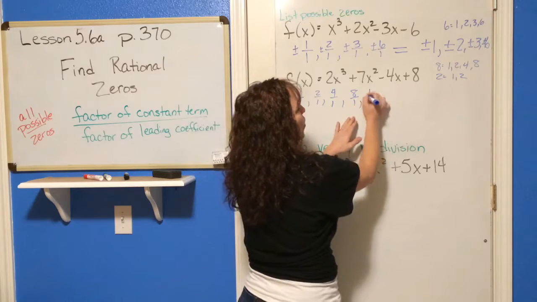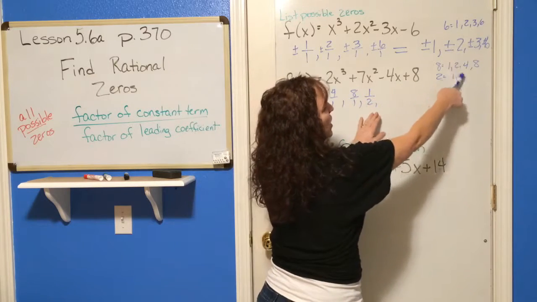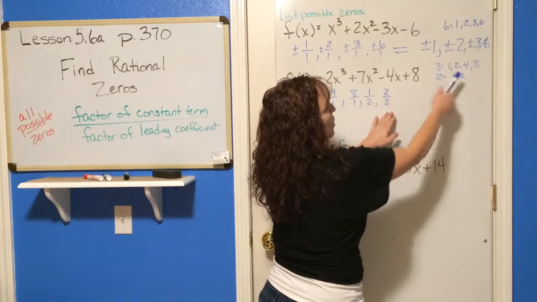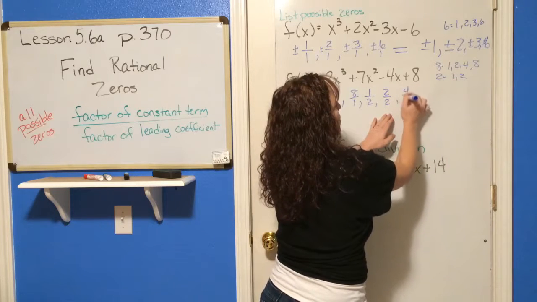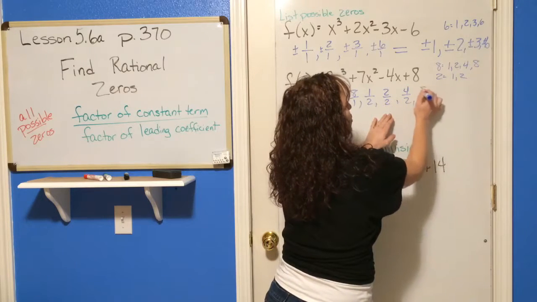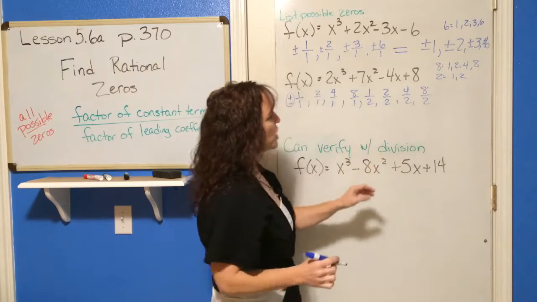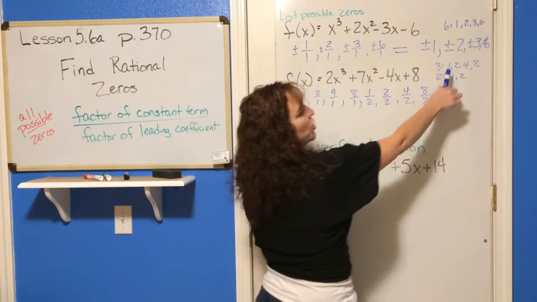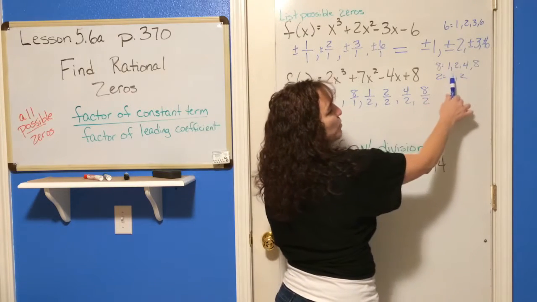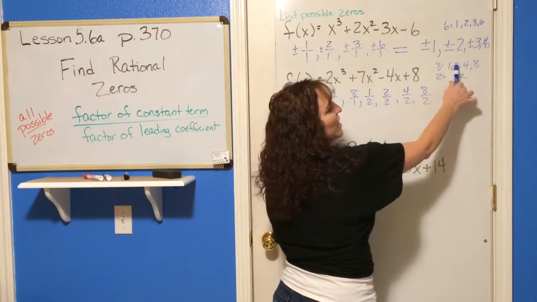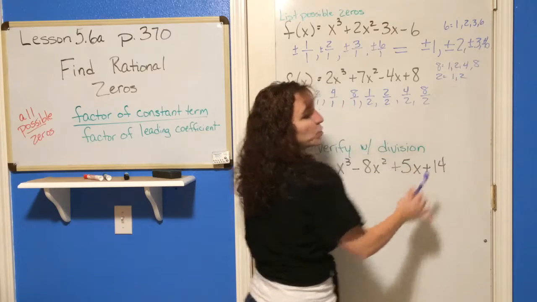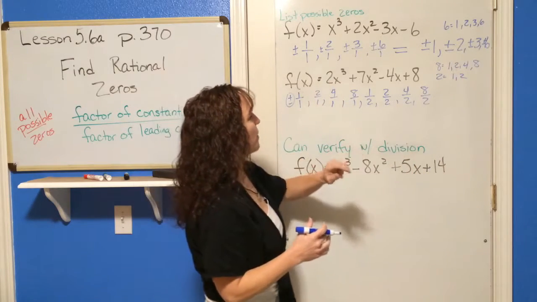Then you've got 1 over 2, you've got 2 over 2, 4 over 2, and 8 over 2. Did you see where I got those numbers? So I took all 4 of the factors of 8 and I put them over 1. And then I took all 4 factors of 8 and I put them over 2. So now I have all of the combinations.